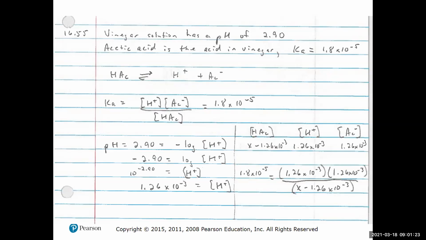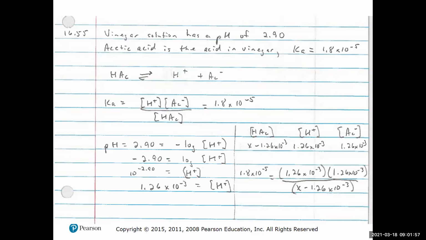We would write our equation out: acetic acid dissociates to hydrogen ions and acetate ions. Then we'd write our equilibrium expression, H plus concentration times acetate concentration divided by acetic acid concentration. Coefficients are all 1 there, so we don't have to put any exponents on anything. And our Ka, we were told, is 1.8 times 10 to the minus 5.